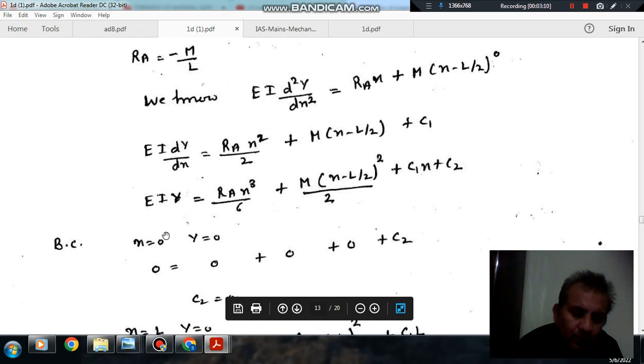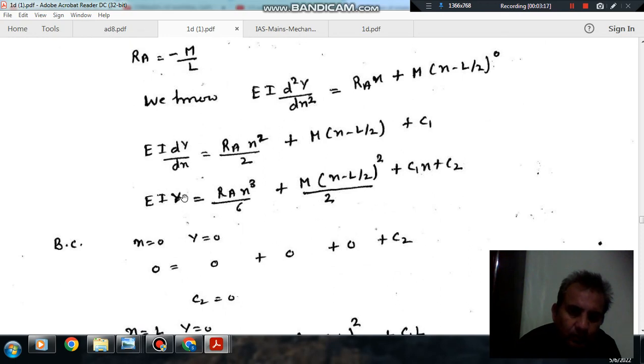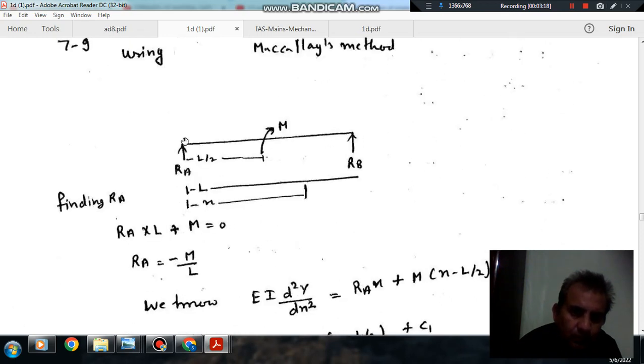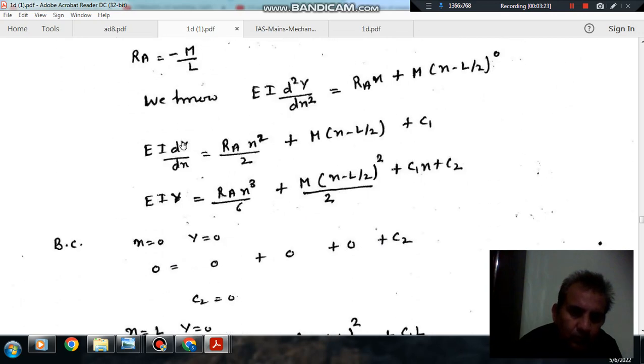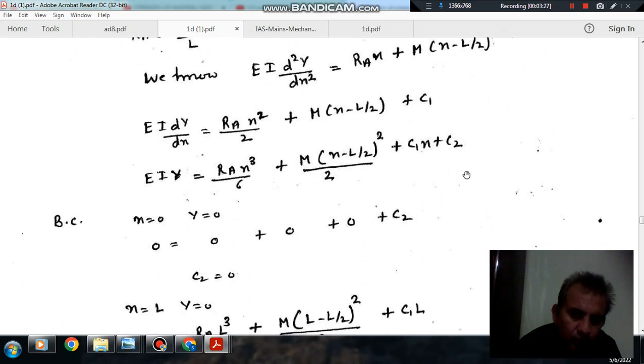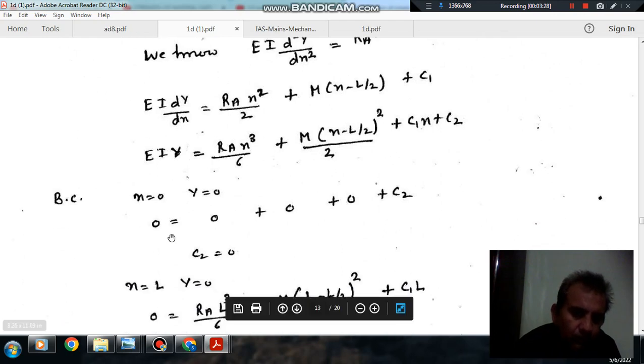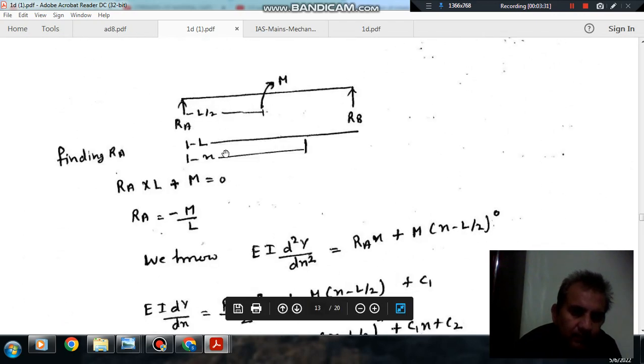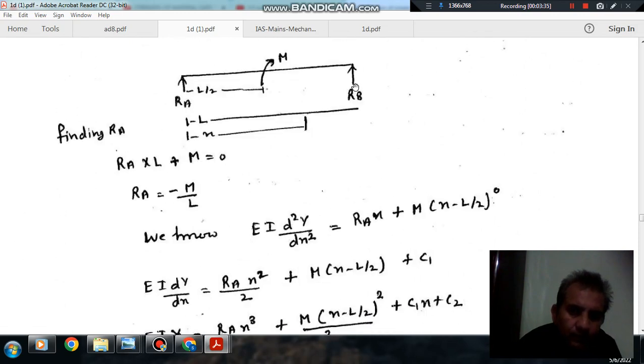Okay. Now the boundary conditions are x is equal to 0, y is equal to 0. If x is equal to 0, it means this point. This is x is equal to 0, y is equal to 0. So this is 0, this is 0, and this is 0, so C2 will be 0. Okay, and another boundary condition is x is equal to L, y is equal to 0.